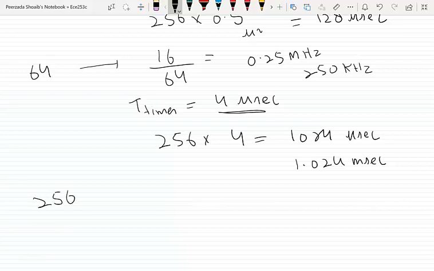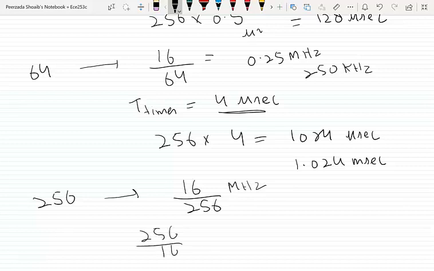So I will go with my next option, that's using a prescaler of 256. If I use a prescaler of 256, the frequency will be equal to 16 divided by 256 megahertz, and the time period will be the inverse of it, 256 divided by 16 microseconds, that's 16 microseconds.